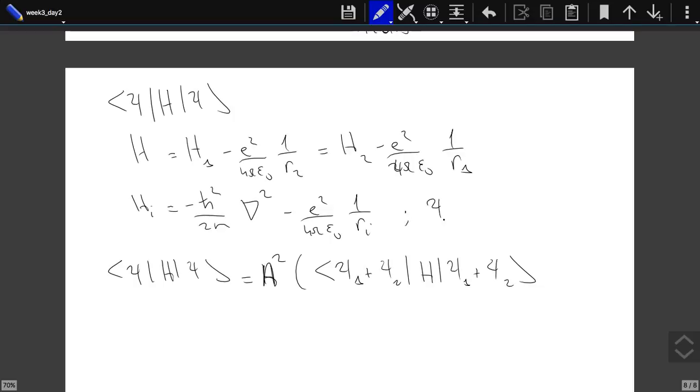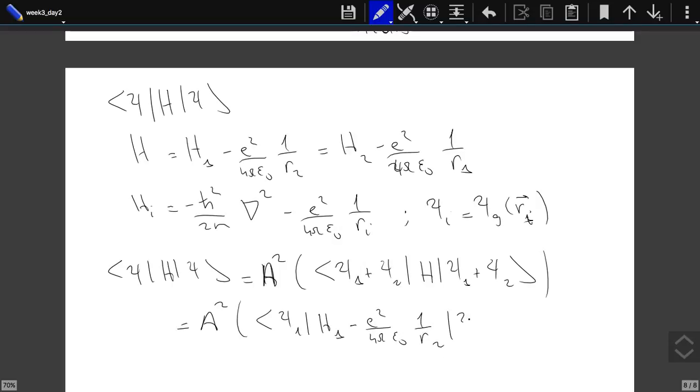Again, I use psi i equal to the ground state wave function centered at the point Ri. This will be equal to A squared, psi 1, H1 minus e squared over 4 pi epsilon 0, 1 over R2, psi 1.